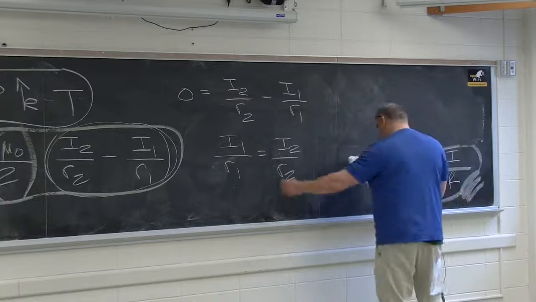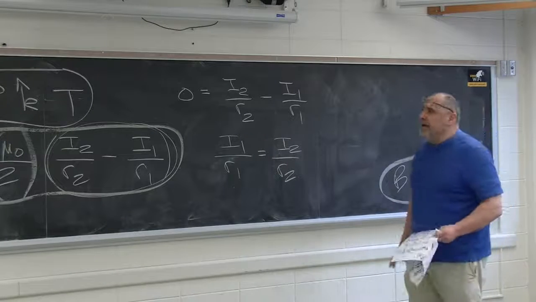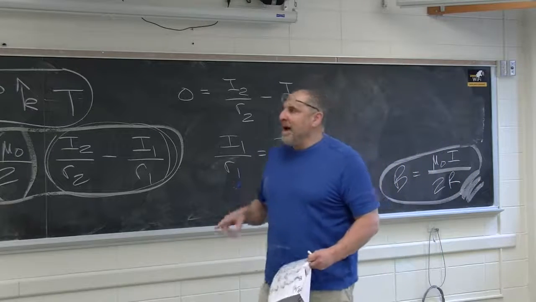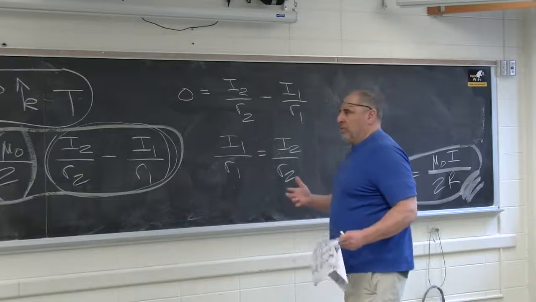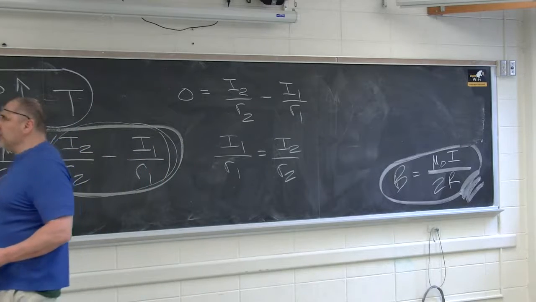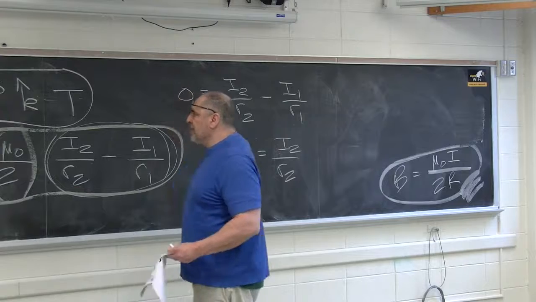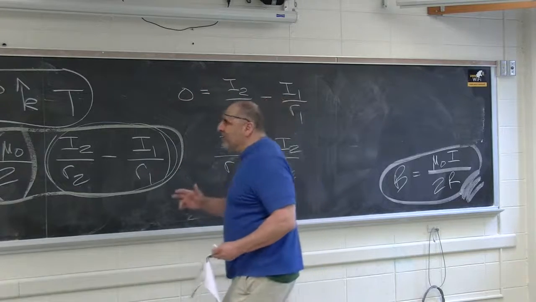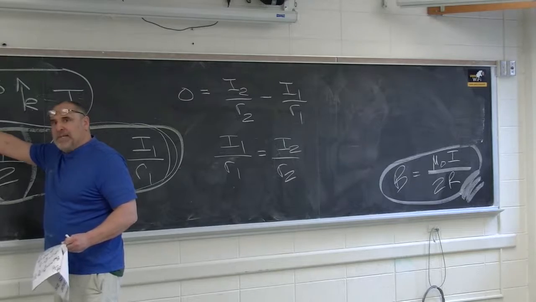And let's keep going. There's a whole bunch you can do. The bottom line is you're trying to figure out what R2 would have to be for there to be no net B field. Well, we already know there's a net B field from the earlier proposition that was given to us, and it turns out it's in the positive Z direction.